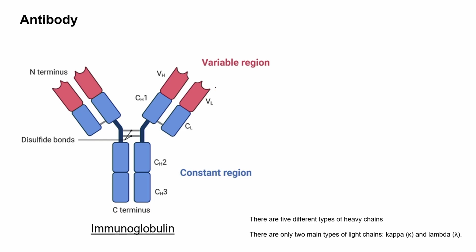So these are made up of a light chain, which we simply call L, and a heavy chain, which we call H. We can see that these two chains are bound to each other with the help of these disulfide linkages.